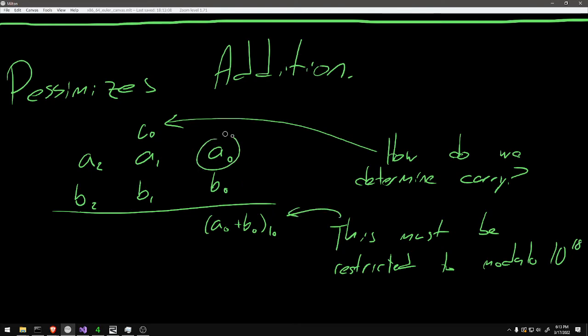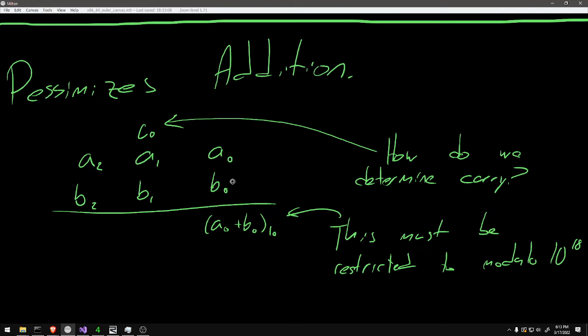So right, if this and this are 2 slots that we're adding together, and we're guaranteed they're both no bigger than 10 to the 18, that's great, but then this also has to follow that restriction. So that has to be no bigger than 10 to the 18. So how do you do it? Well, the way you do it is you add them together and you allow it to become bigger than 10 to the 18.